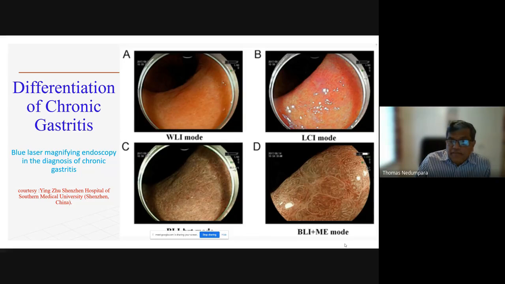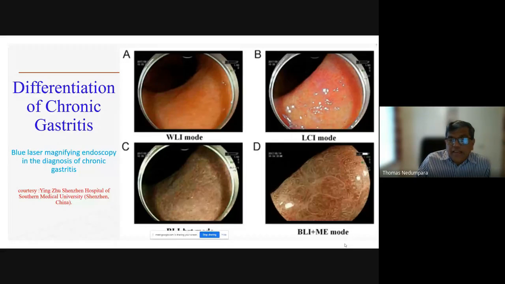Out of 100 intestinal metaplasia, 10% will go to atrophic gastritis, which means the cells lose the normal morphology. And these cells can turn into what you call dysplasia or cancer. So a tiny proportion, say 1 in 1,000 of chronic gastritis, can turn into cancer.